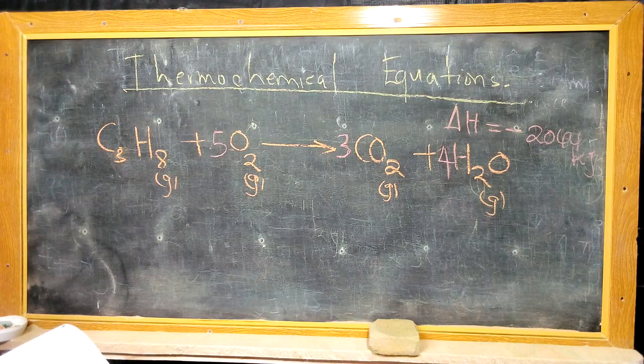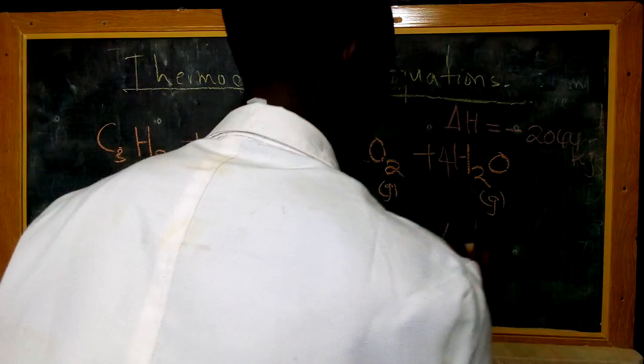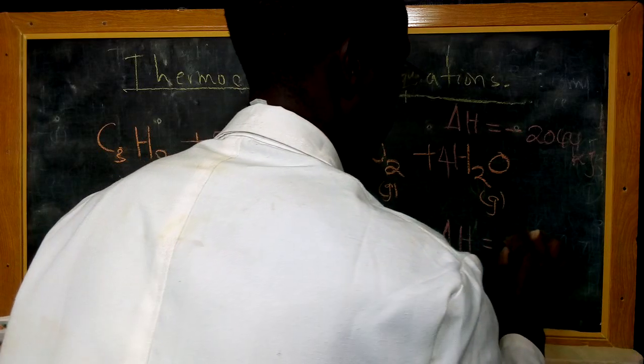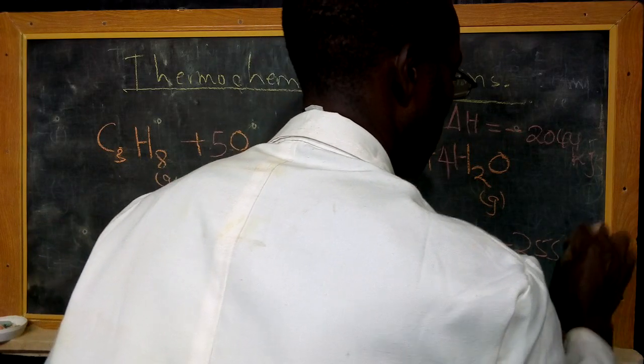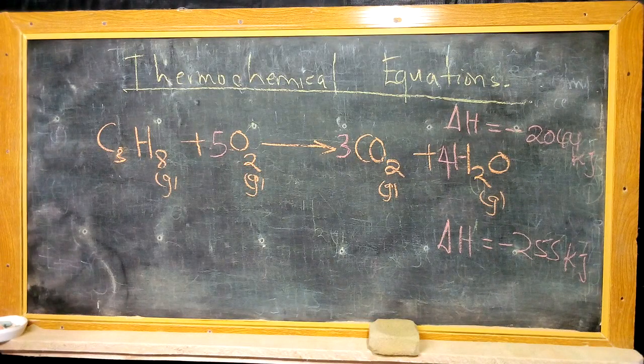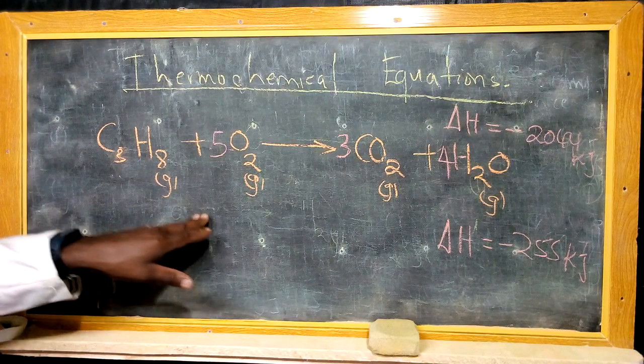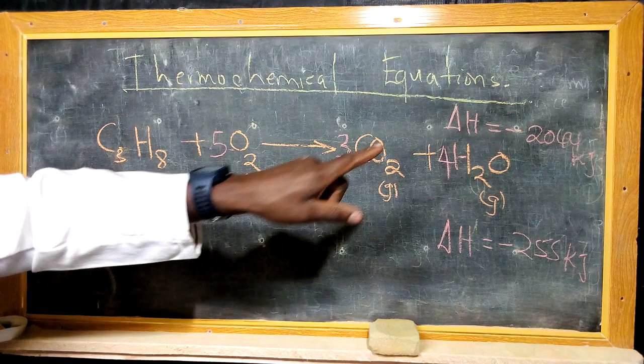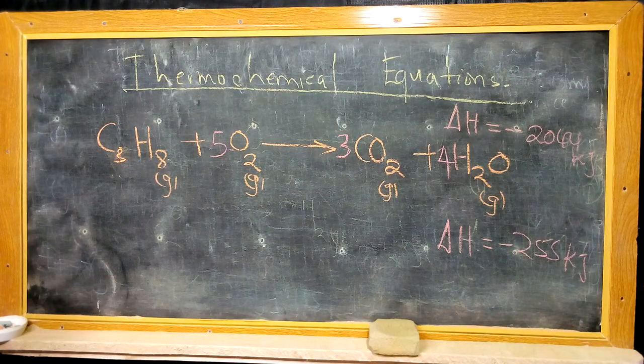So suppose we are asked what amount of propane gas will be required to produce 255 kilojoules of heat. So if this reacting species produces 2044 kilojoules of heat, what amount of gas will be required to produce 255 kilojoules of heat?